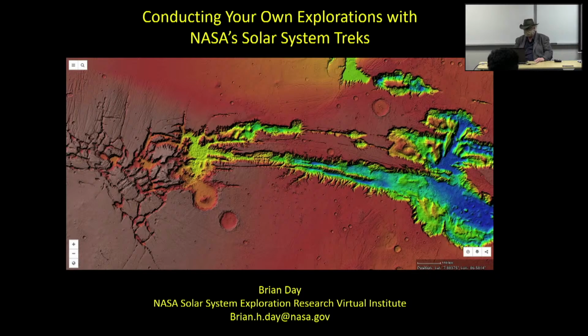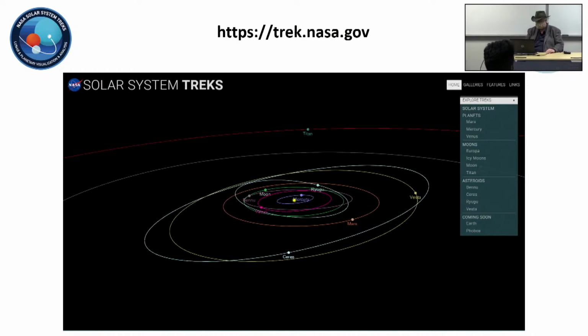And we have this wonderful set of data visualization and analysis portals. These are online portals that allow you to view the surfaces of other worlds as seen through the eyes of many different instruments aboard many different spacecraft. Now, these portals are being used for a variety of things.